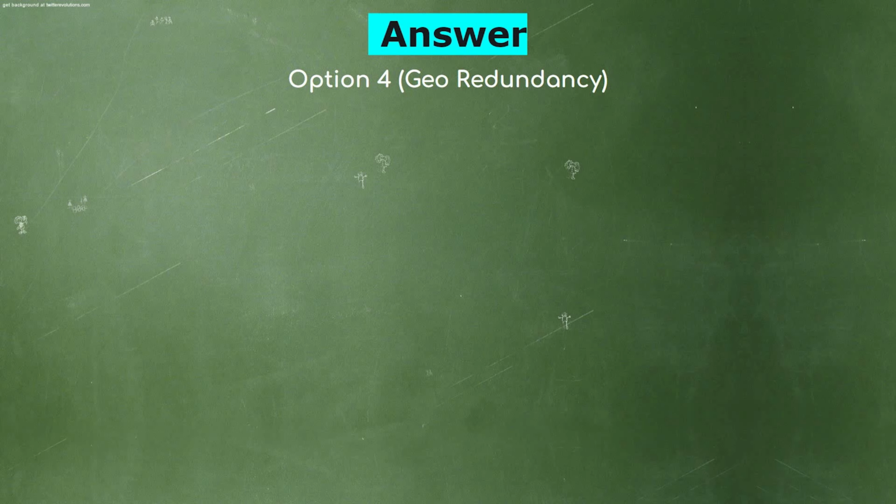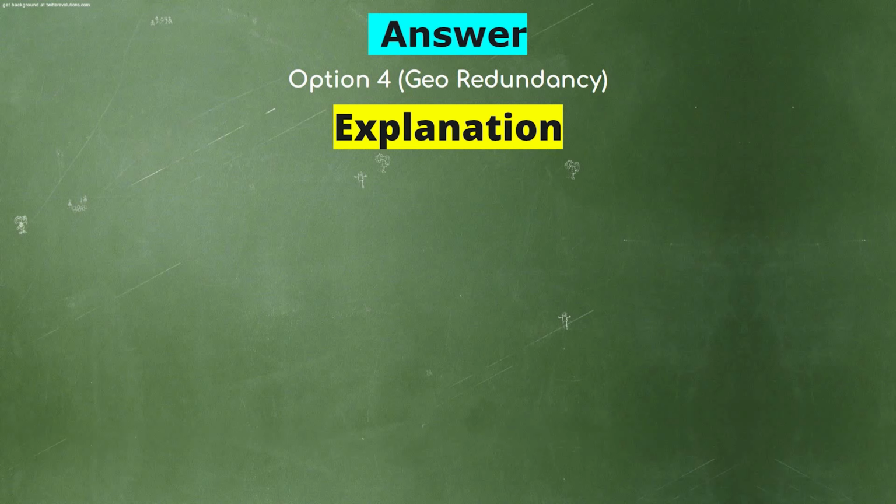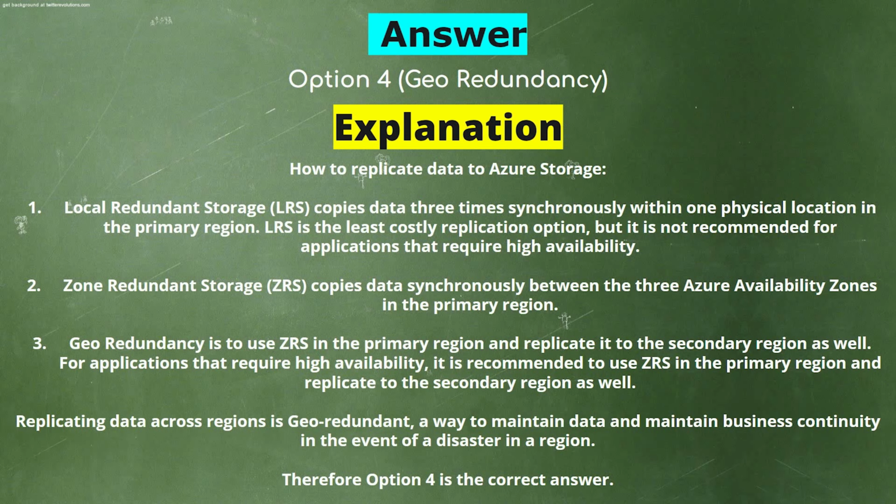Geo redundancy. Explanation. How to replicate data in Azure storage. Number 1. Locally redundant storage copies data 3 times synchronously within one physical location in the primary region. LRS is the least costly replication option, but it is not recommended for applications that require high availability. Number 2. Zone redundant storage copies data synchronously between the 3 Azure availability zones in the primary region.